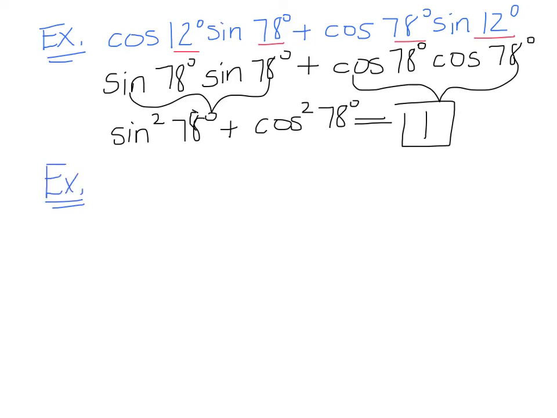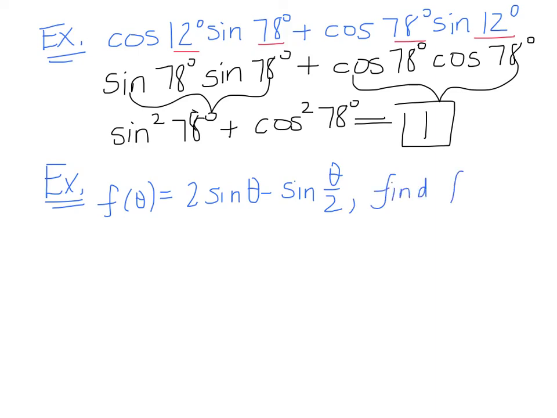And here's another one. If f of theta is equal to 2 times sine of theta minus sine of theta divided by 2, find f of pi over 3. Well, I know that pi over 3 is equal to 60 degrees.